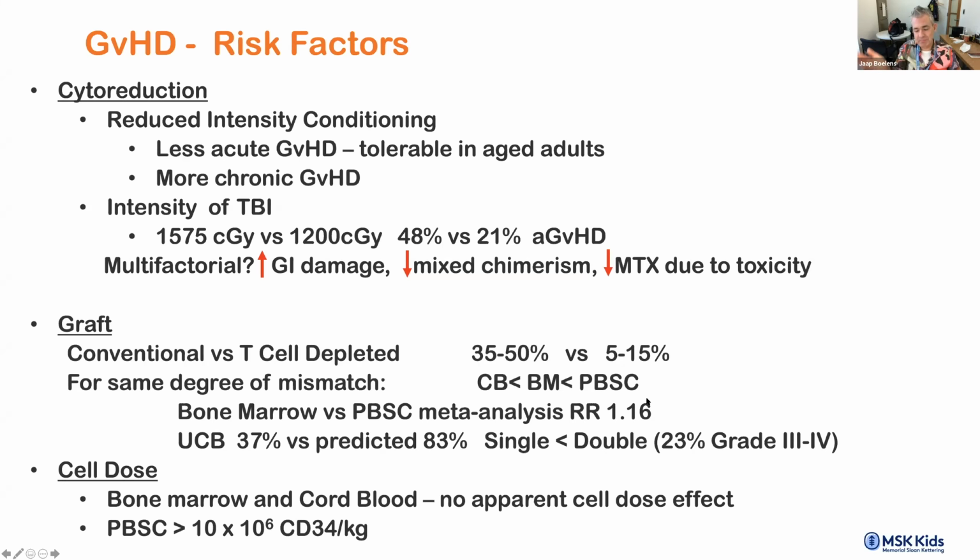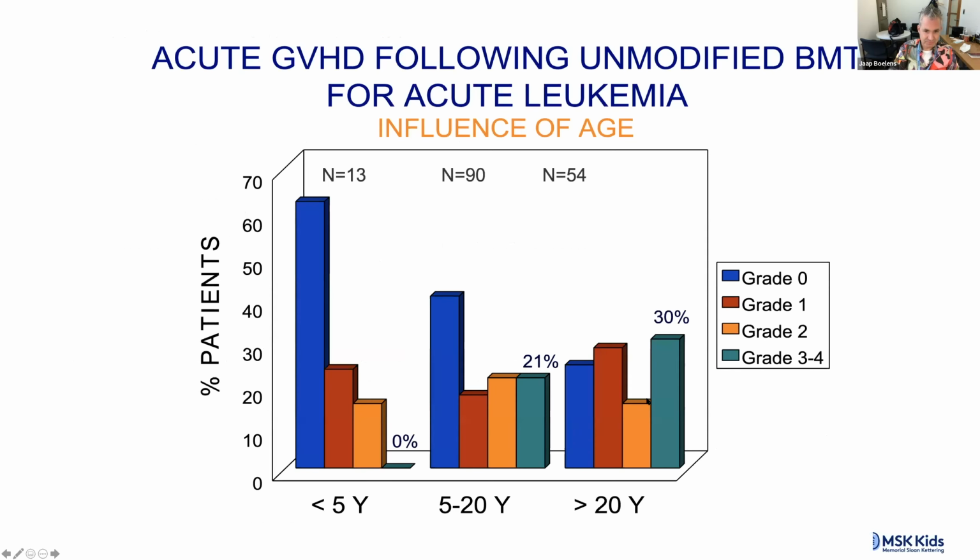So it's always a balancing act. And the cell dose is important, particularly if you give high cell doses in blood transplants, your risk of GvHD is also higher. So risks are the matching, the donor-specific variables, but also the conditioning regimen and the donor source.